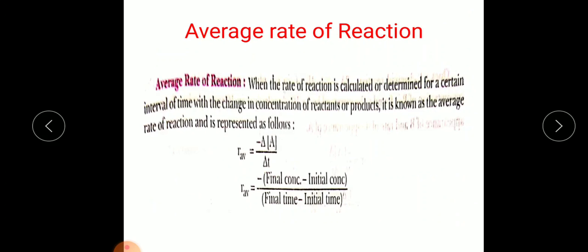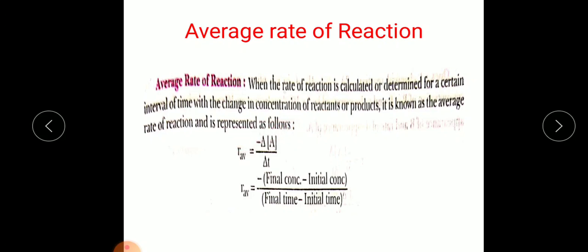Next, average rate of reaction. What is the average rate of reaction? Average rate of reaction means when the rate of reaction is calculated for a certain interval of time with the change in concentration of reactant or products, it is known as the average rate of reaction, and it is represented as follows.